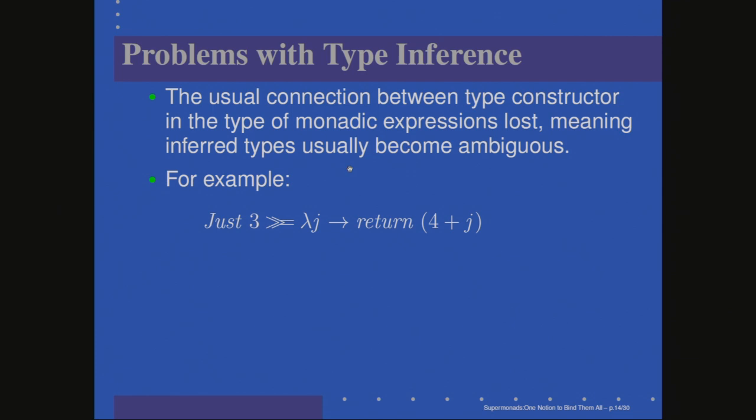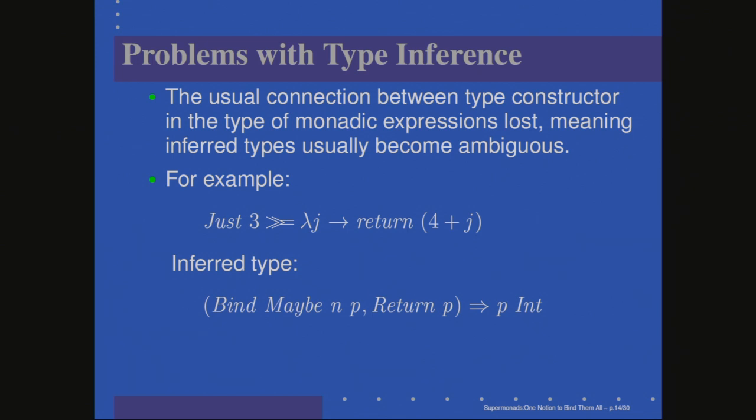Just to give you one example, suppose we use the Maybe monad in this setting. We write a little snippet like this. So we have just 3, and then we continue by binding that 3 to a j here, and then return 4 plus j. We would expect this to type check and be just Int, right? But instead, GHC will come back with something like this.